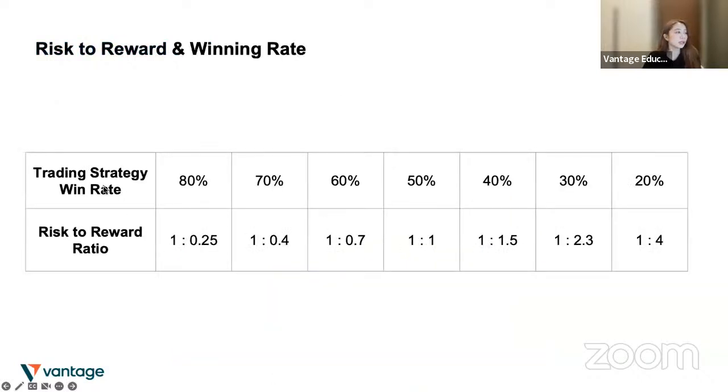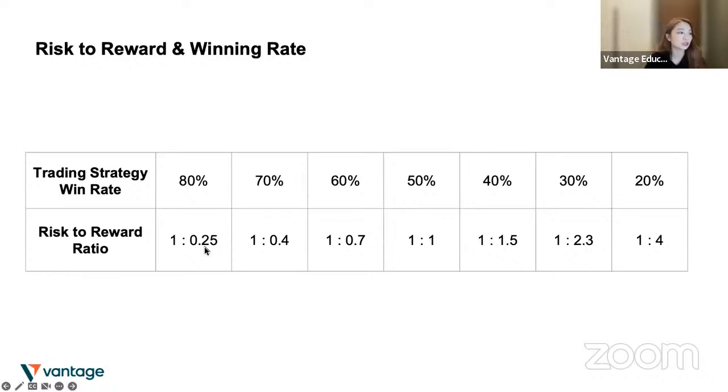Okay, so we are looking at trading strategy win rate. We are looking at an 80% win rate at a risk to reward ratio of 1:0.25. Then 1:1, 1:1.5. With 1:0.25, obviously the win rate is very high, but that doesn't make technical sense, right?